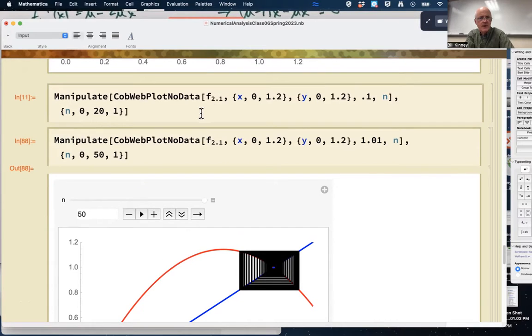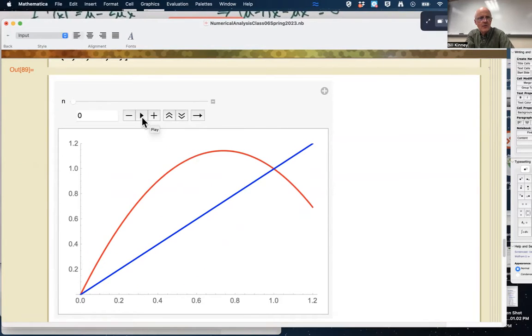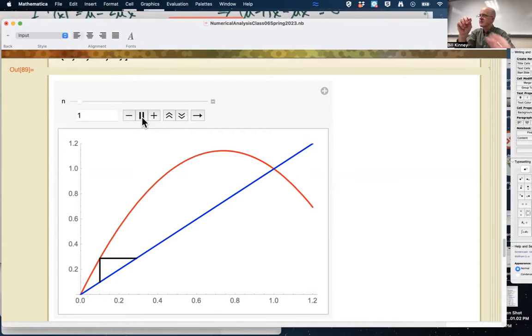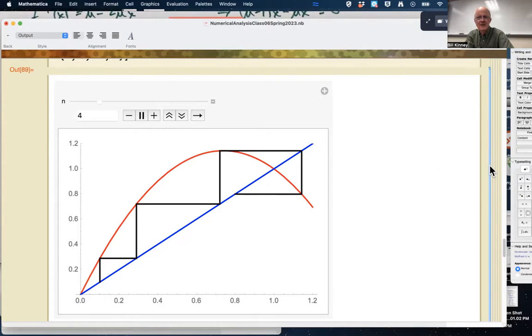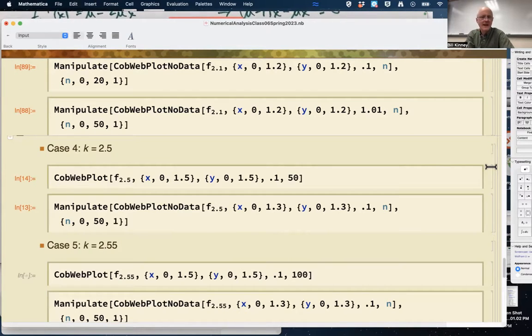If we start further away from the fixed point, we approach the same box, so to speak, but now from the outside going in. When you start close to the fixed point, in this case, you're going inside out. Here with this example, we're going outside in. We are approaching a stable 2 cycle. Is there a way to figure out what that 2 cycle is? We'll come back to that.